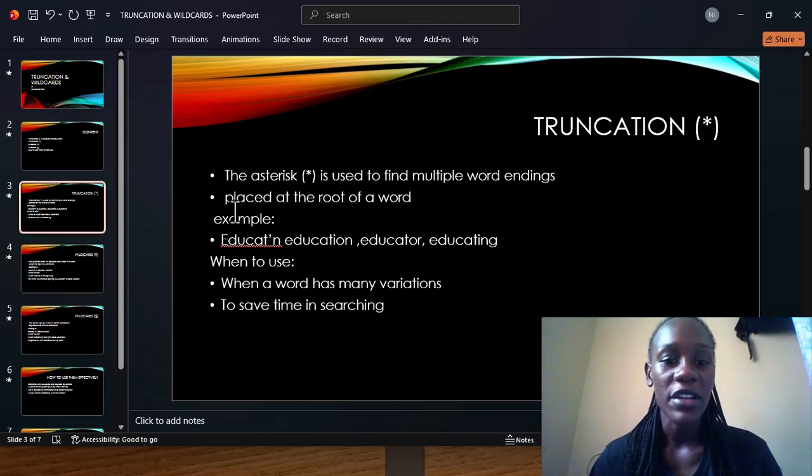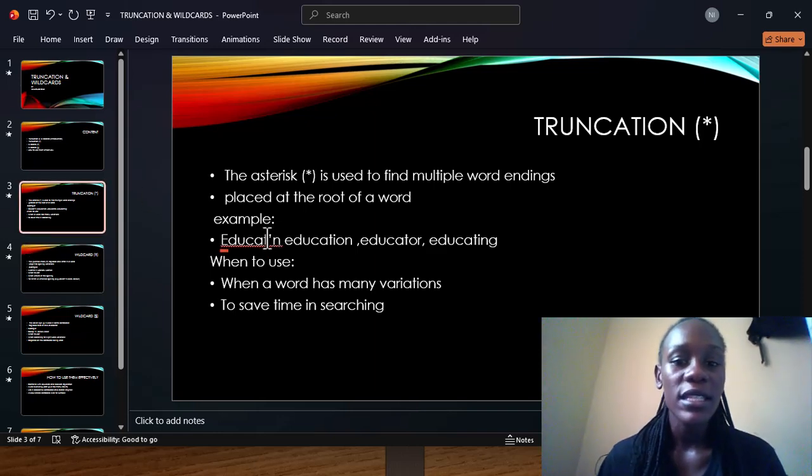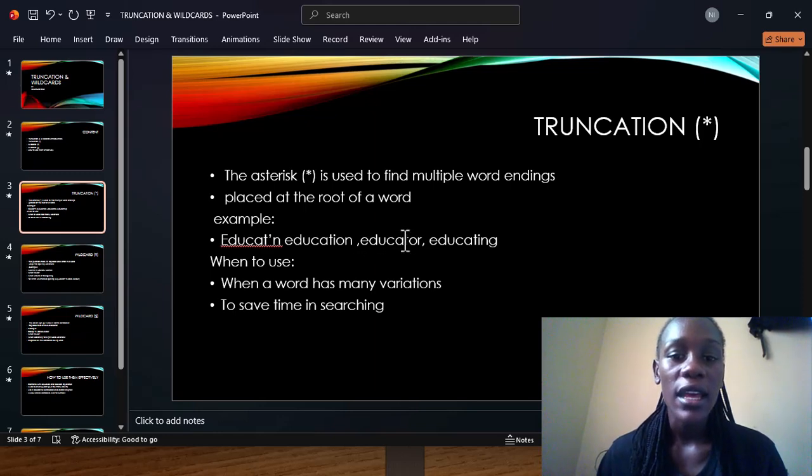So for example, that word education, you can miss some of the letters to represent either education, educator, or educating. When to use it: when a word has many variations, for example, as we have said, education, educator, and educating. So they all come from the word educate. So you can put that star to mean that there are some other words that can come from this word educate, even to save time for searching. That's all about that star.